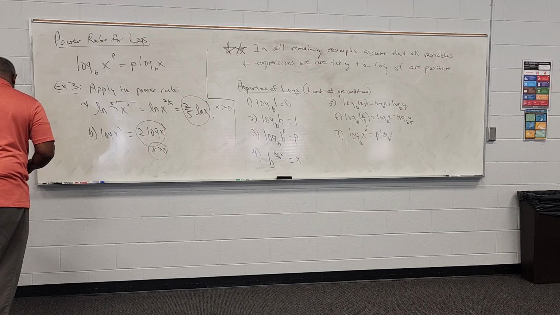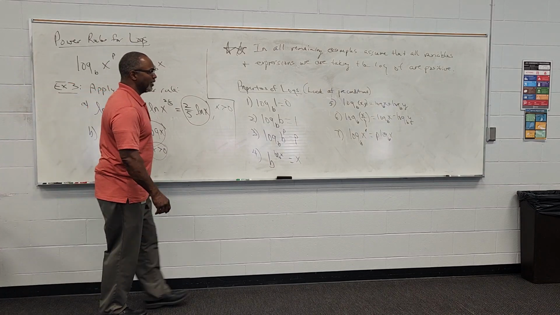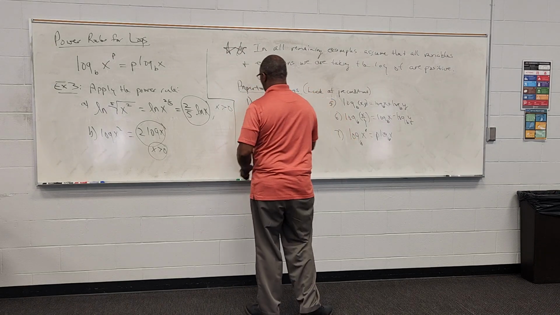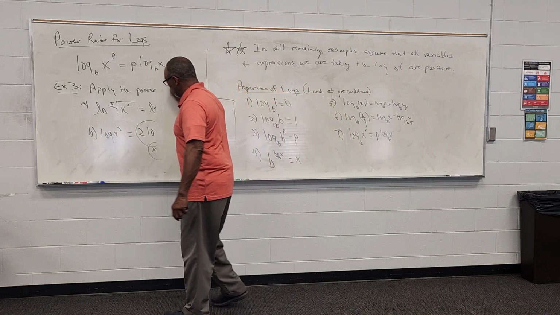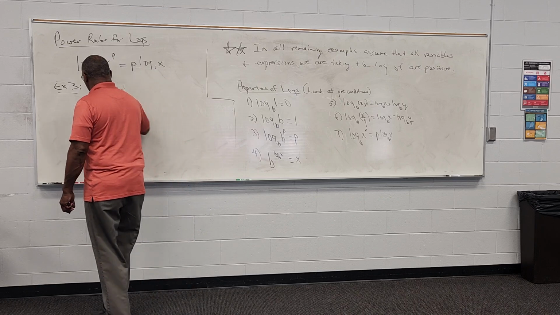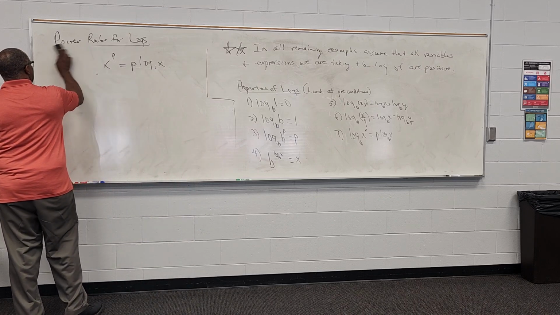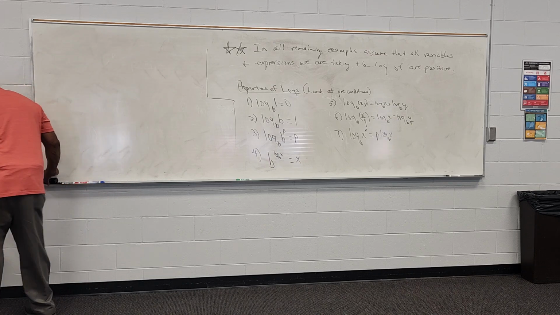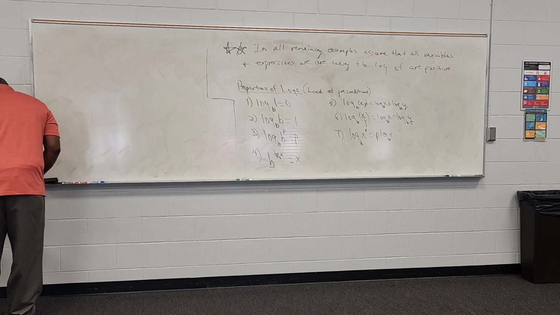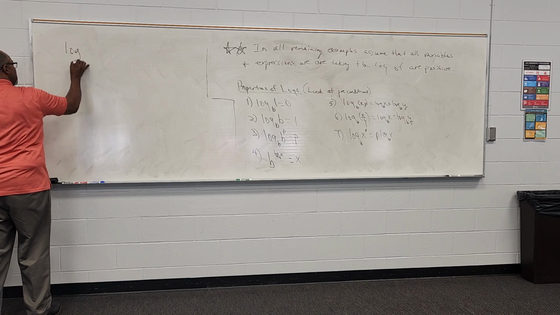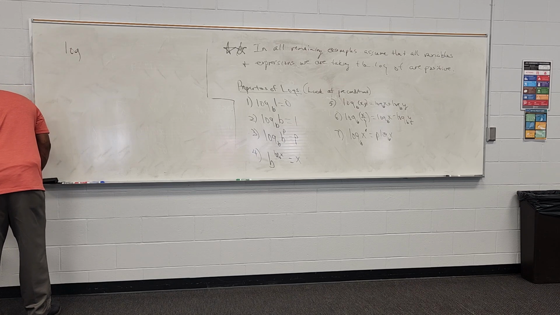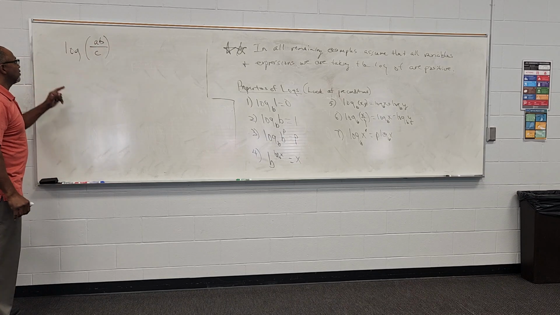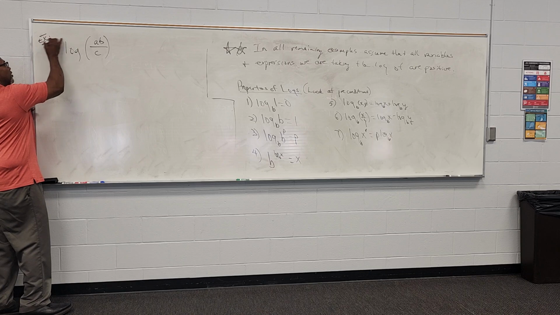And what we're going to do, we're going to use these log rules, these properties, to both expand and contract expressions. Okay? Well, what do I mean? Well, for example, log of AB over C. If I had this, so this is just a quick example.